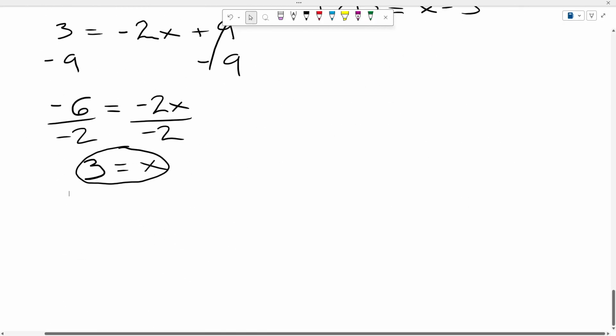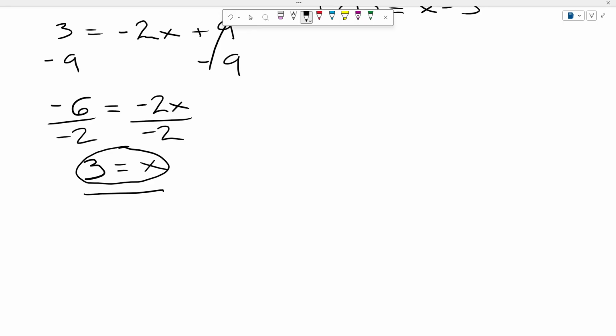So that's why I say it's better to do that first, because otherwise some people will just go right into solving, and then they'll get to here, and they'll be like, okay, boom, the answer is x equals 3. And then they forget that, oh yeah, I gotta check it.